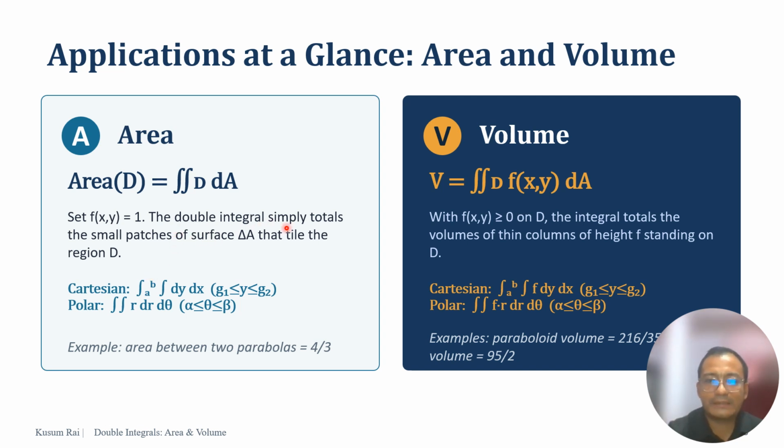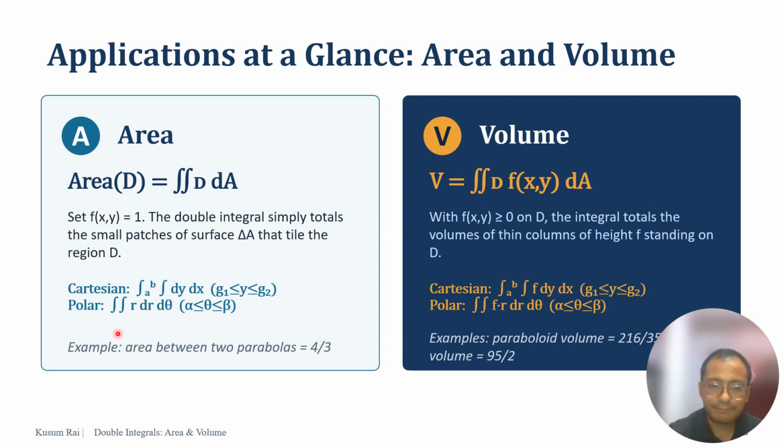The double integral simply totals the small patches of surface dA that tile the region D. So in Cartesian form, it is the integration from a to b, the integration dy dx, where y is greater than or equal to g1 and less than or equal to g2.